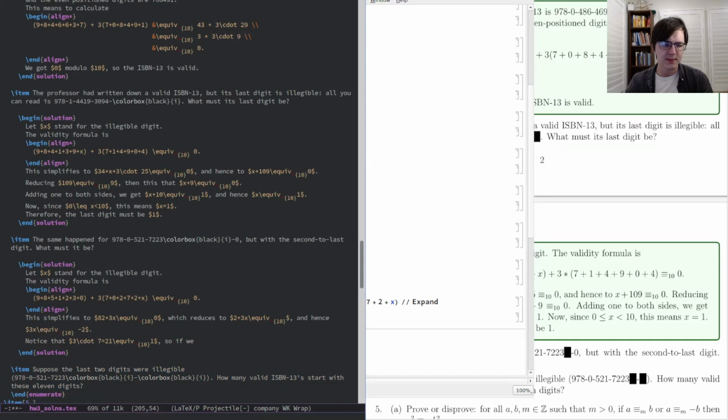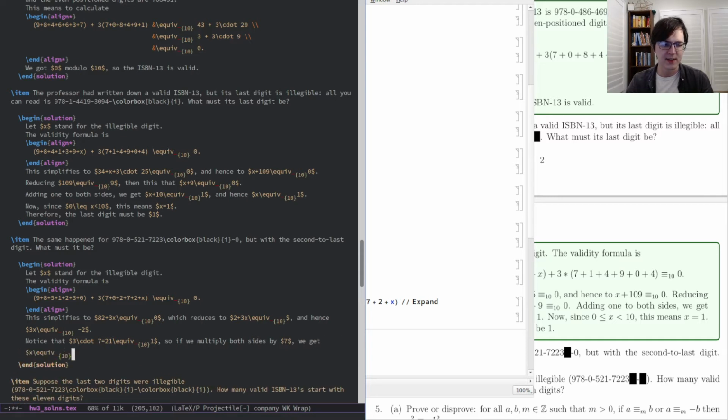So if we multiply both sides by 7, we get x is equivalent to minus 14, which is congruent to 6.